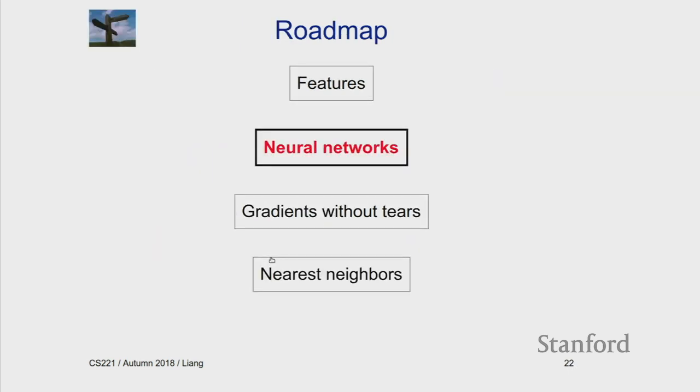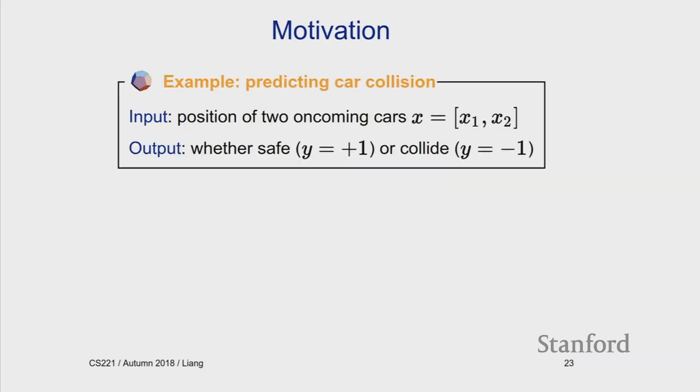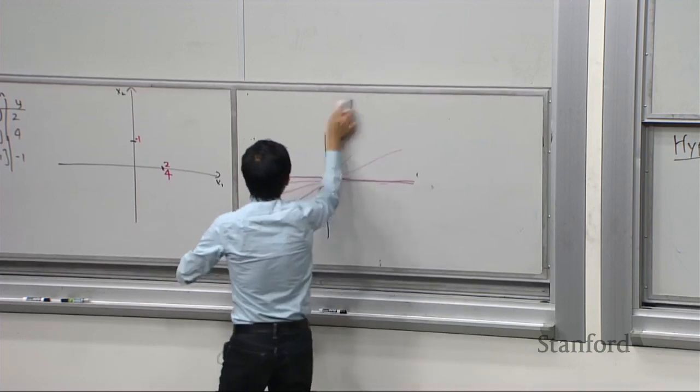Okay, so now I'm going to go on to neural networks. And this is just going to be the very basics. There's a lot more to be said about neural networks, but I think this is going to give you some of the basic knowledge. Many of you probably have heard about neural networks and all the great things they do.